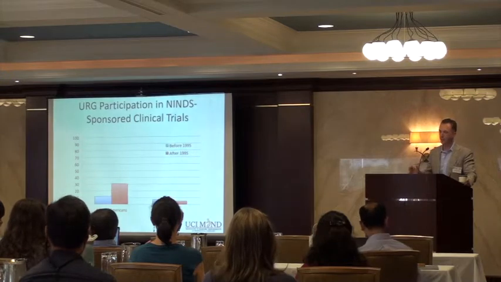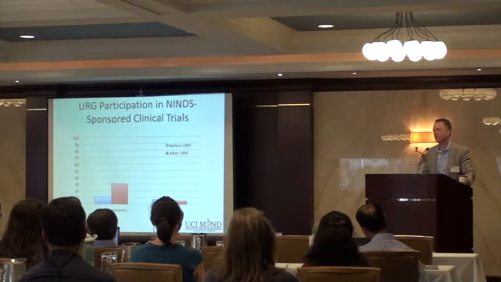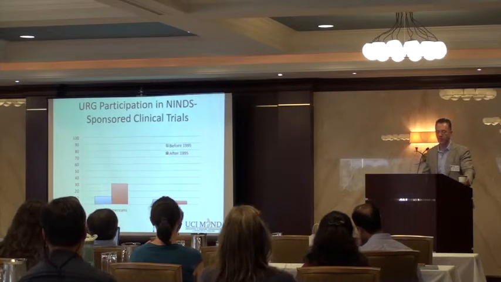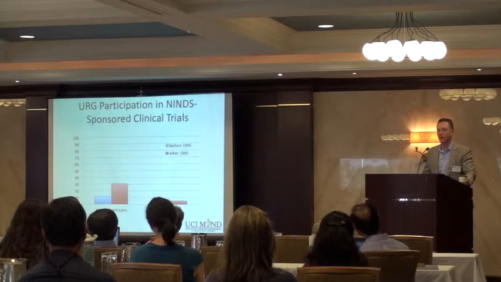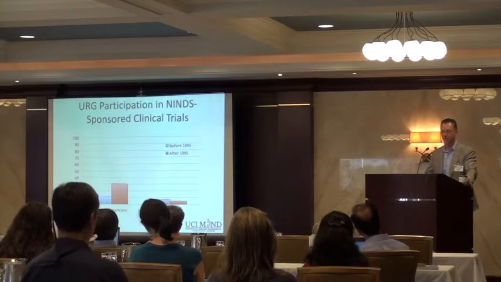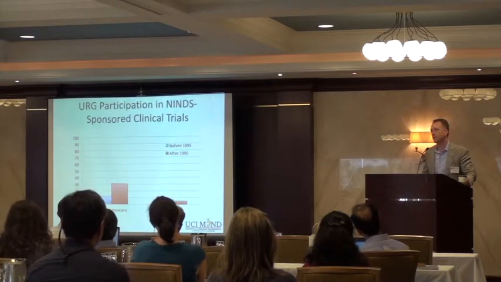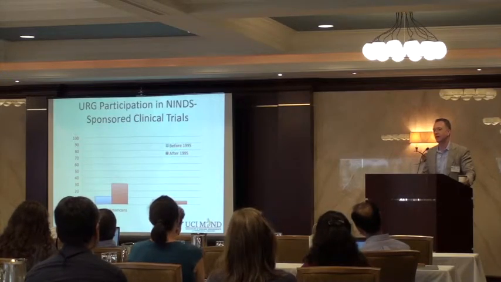And you know, this is from, I think, a 10-year history of NINDS funded trials, looking at effects over time, and you can see that we went from utterly abysmal to just terrible in the representation of Latinos and African Americans in trials. The data are actually worse than this in Alzheimer's disease specifically.